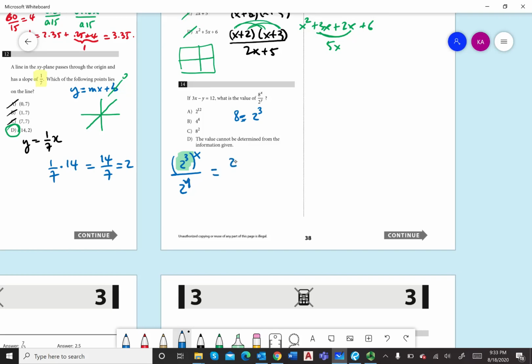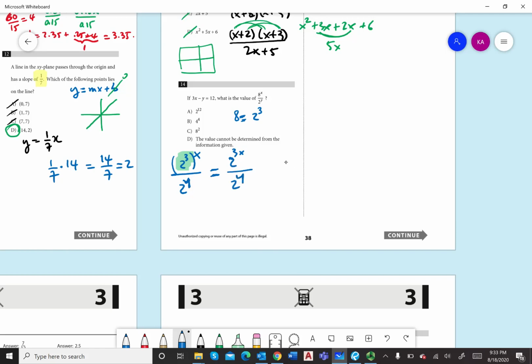Now, if you know your exponential rules, that becomes 2 to the 3x, right? So if you have 2 to the a, the whole thing to the b power, it'll be 2 to the ab. You can multiply them, right? Then this over 2 to the y power.